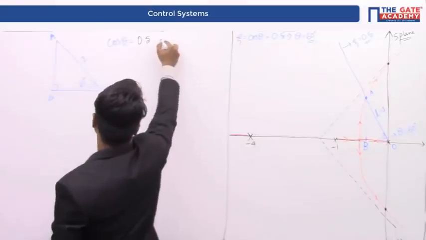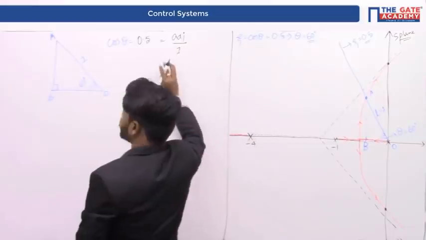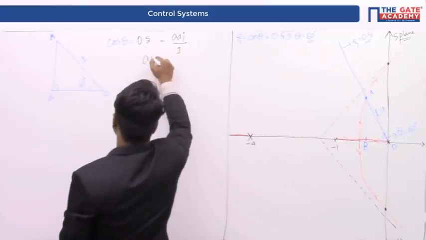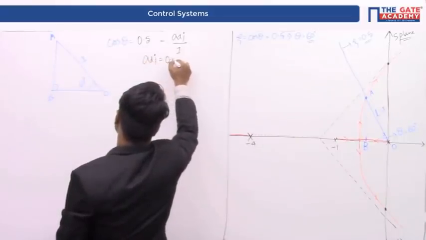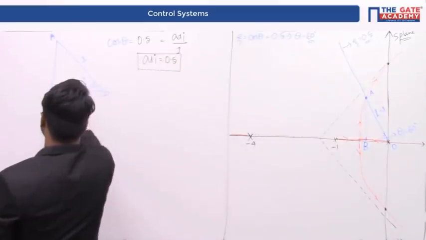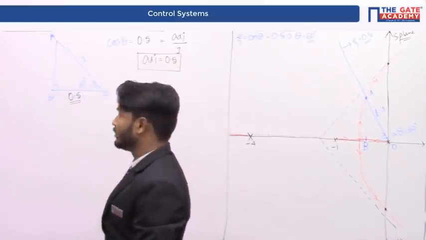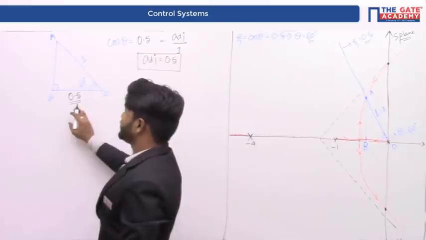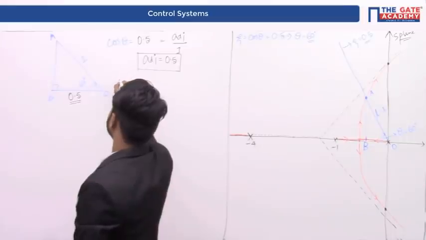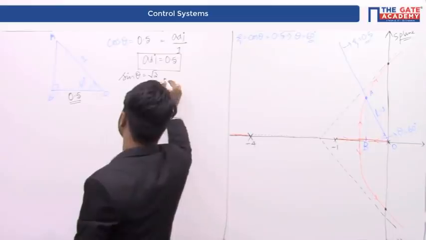That implies the hypotenuse is 1. Therefore, the adjacent side is going to be equal to 0.5. So if cos theta is 1 by 2, sin theta is equal to root 3 by 2.